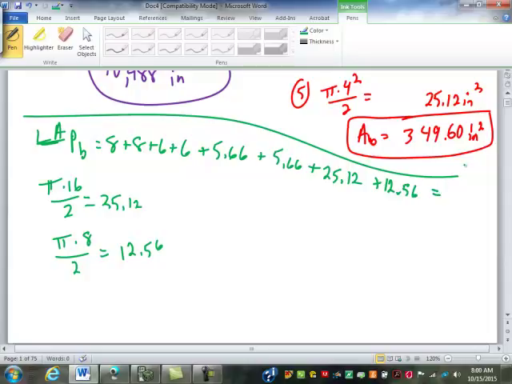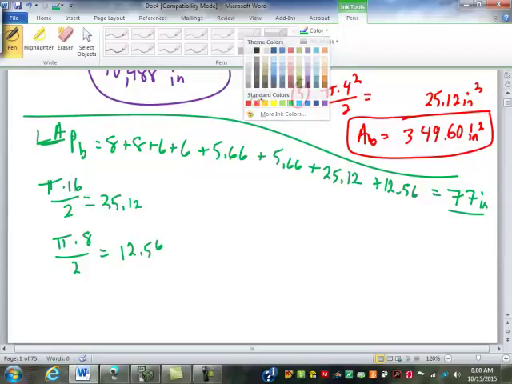Which all adds up to a mess. What do we got there? 28, 38, 39.32, 39.44, 40, 60, 77. Is that what that adds up to? 77 inches, ish, somewhere in there, yeah.